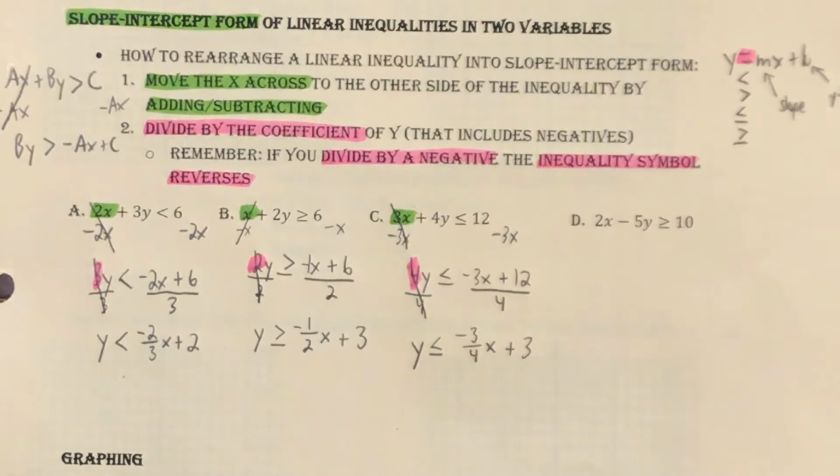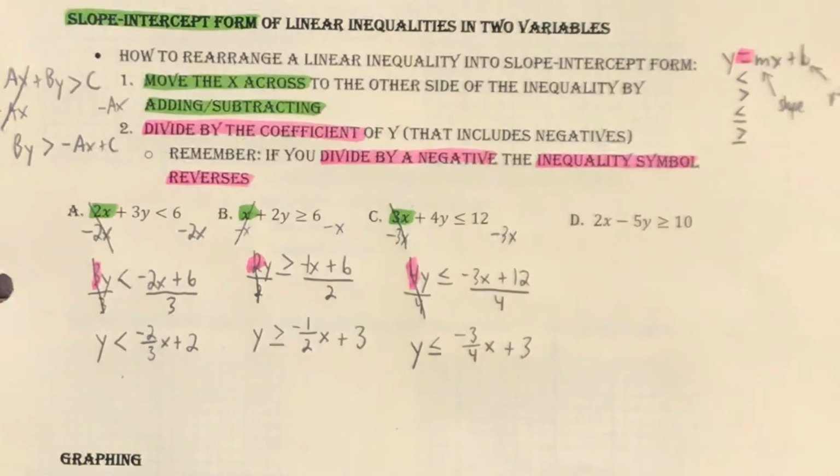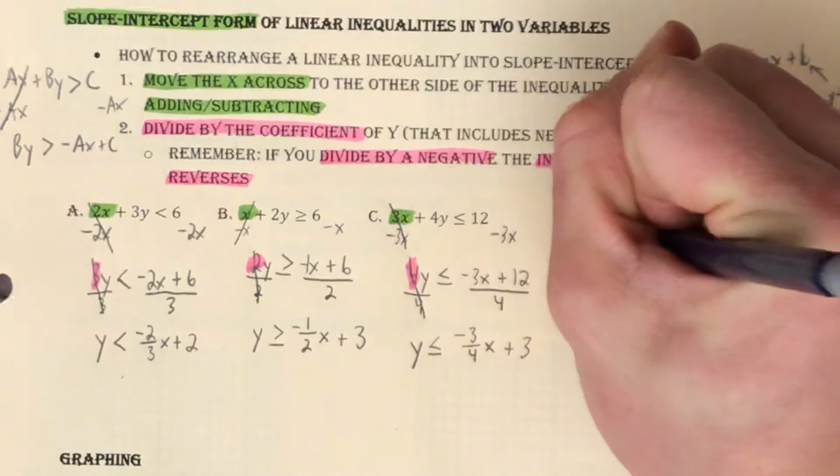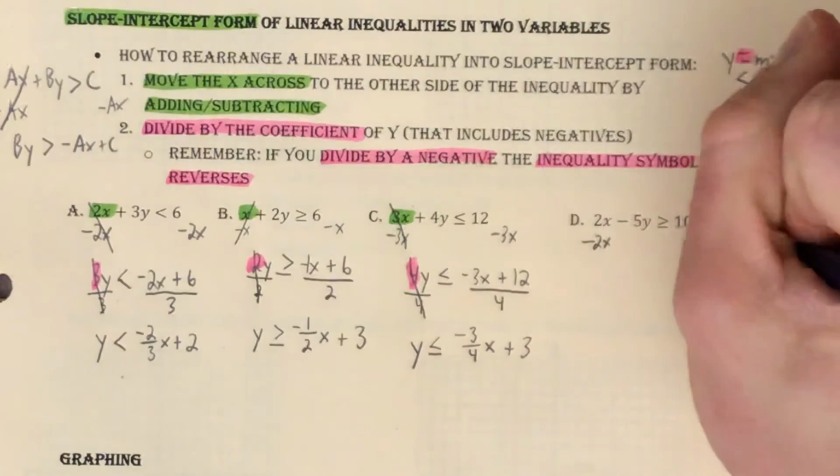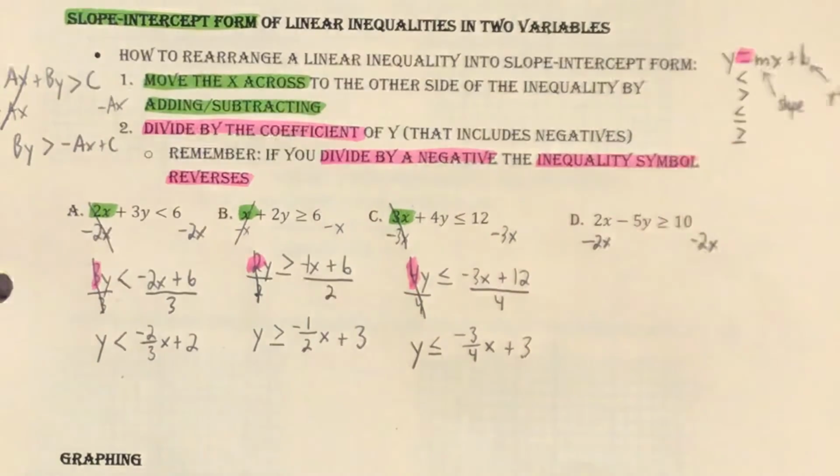So example D says 2x minus 5y is greater than or equal to 10. First step is move the x's off the same side as the y. Again, it's a positive 2x, so I'm going to subtract 2x from this side, which means I also have to subtract 2x from that side.